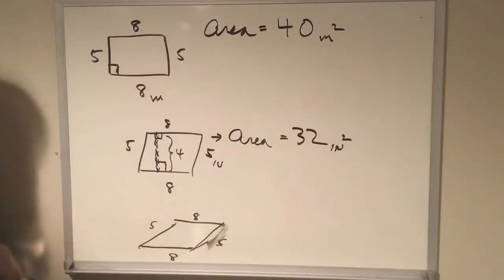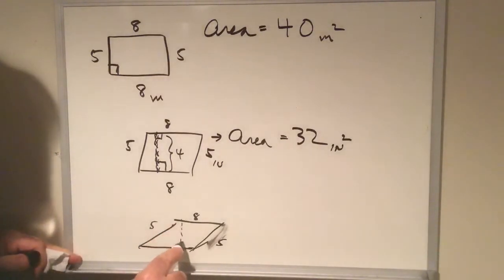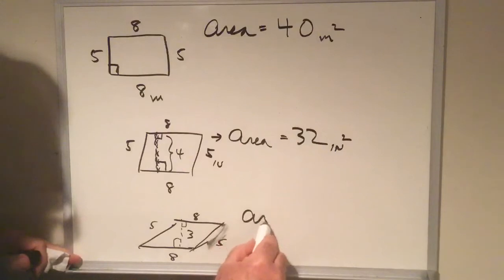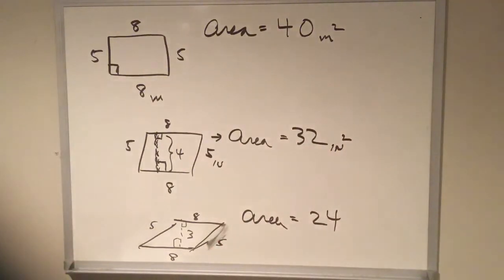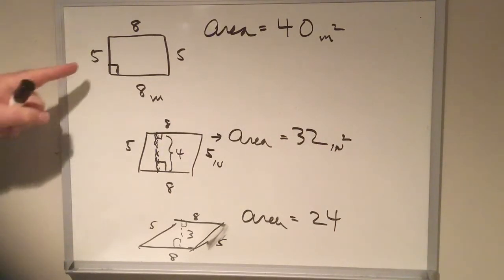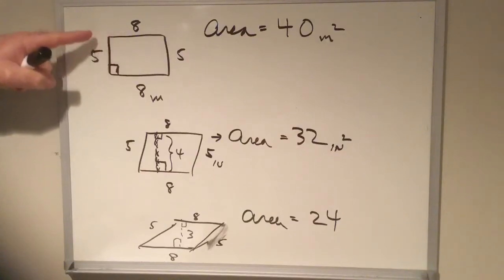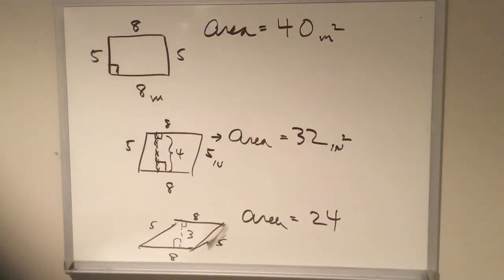If in our example way down here, if this distance between these two sides, these two 8s, if that distance is 3, what's the area of this parallelogram? The area of this parallelogram would be 24, right? Again, you're looking for a perpendicular segment. Why don't we see this here? Because in a rectangle, the side is the height, because the two sides are perpendicular, right? So that's how we determine the area of a parallelogram.